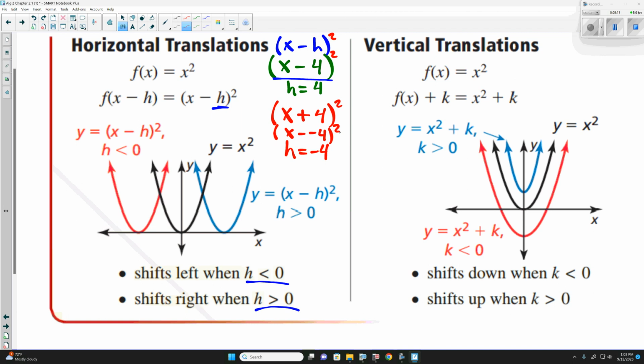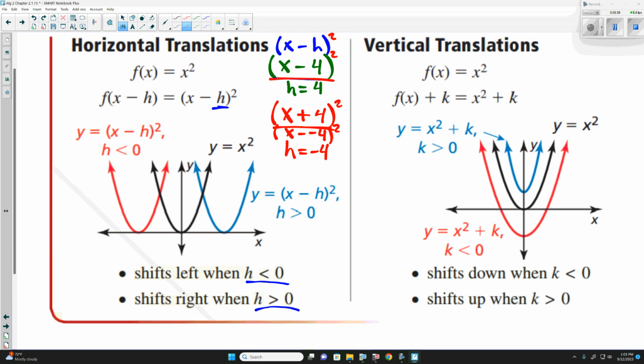We don't leave a minus and a negative normally. We make it a plus, yes? Now again, we could delve back into this, or, as I say, it's the opposite of what we think. Because if it looks positive, we have that plus, it's not moving to the right, it's moving to the left. And if we have the minus, it's not moving left, it's moving right. It's the opposite of what we think.